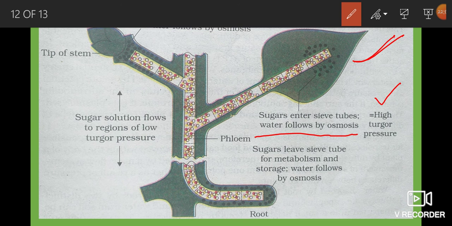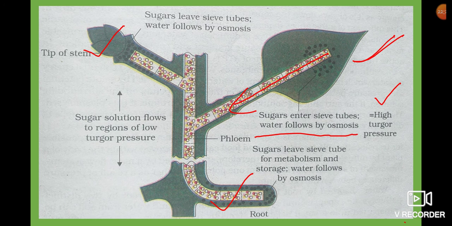Then food materials move towards storage organs. It may be root, shoot tip or leaves, whatever it may be.